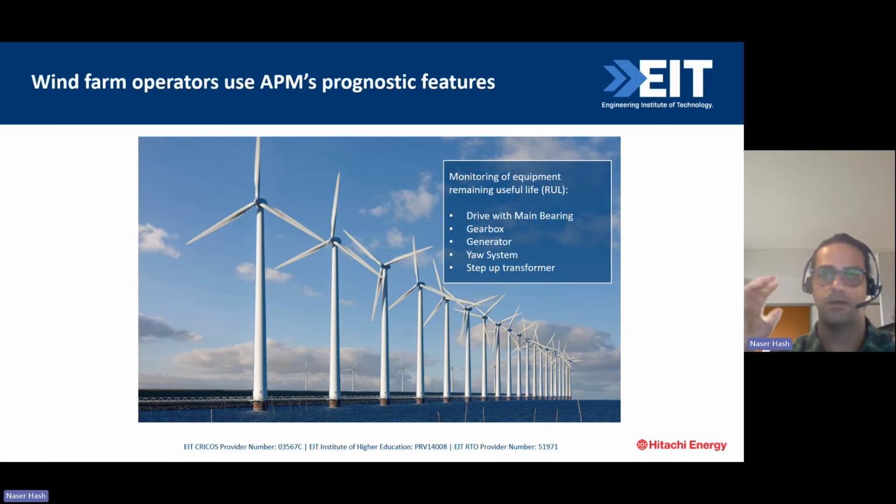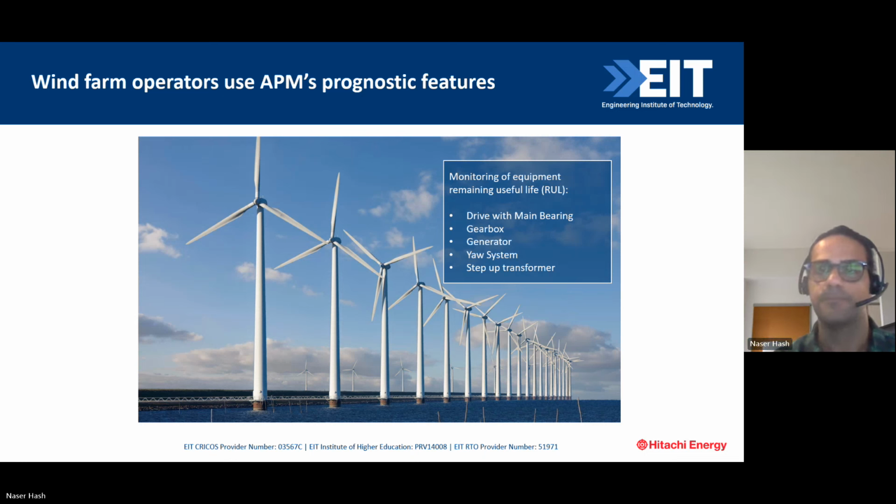So now I have explained the solution, how it works, what data it requires, and how we can predict the future probability of failure. Now it is important to use it in an industry like a wind farm. Think about an offshore wind farm installed in a very remote area in the middle of the ocean, for example.